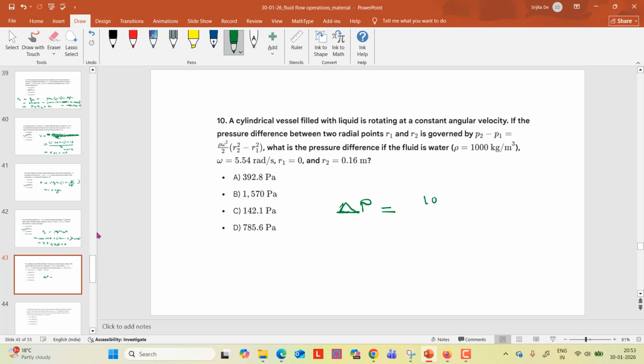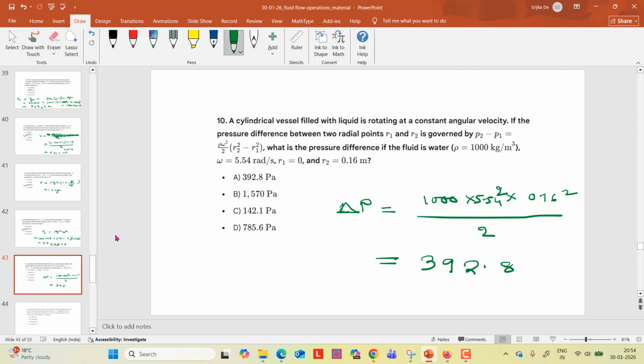This is 1000 into 5.54 square into 0.16 square divided by 2. So what is it coming? It is coming out to be 392.8 Pascal.